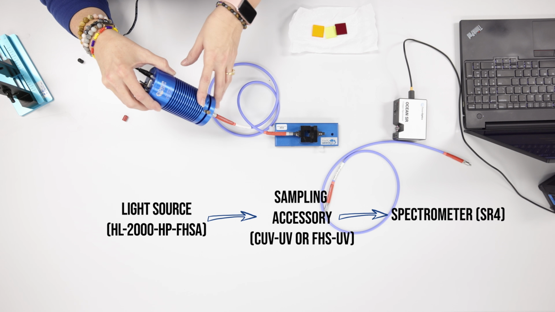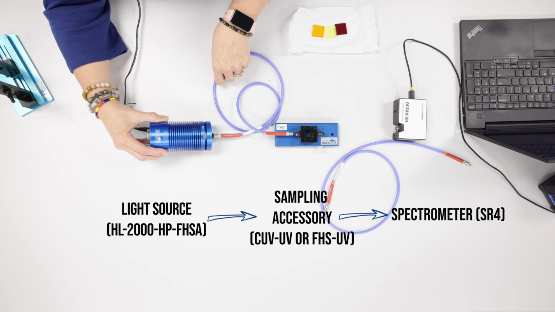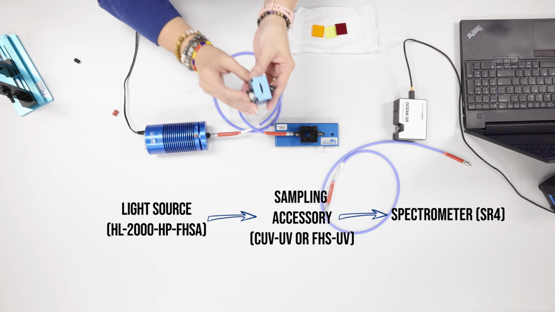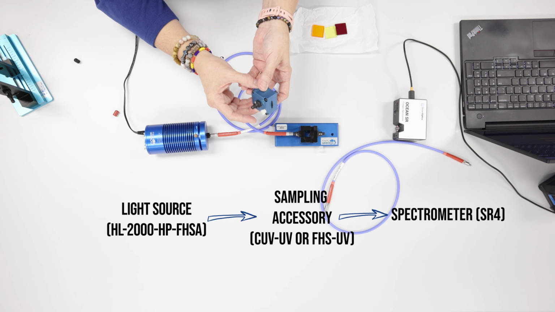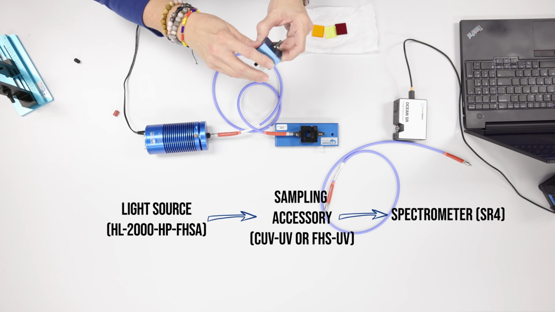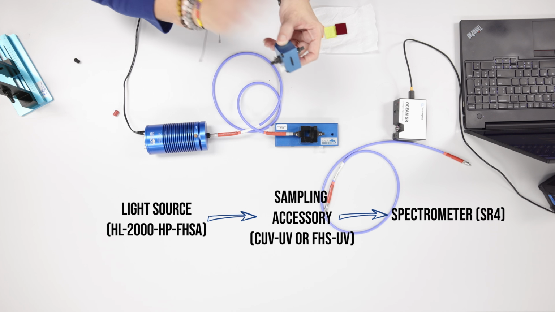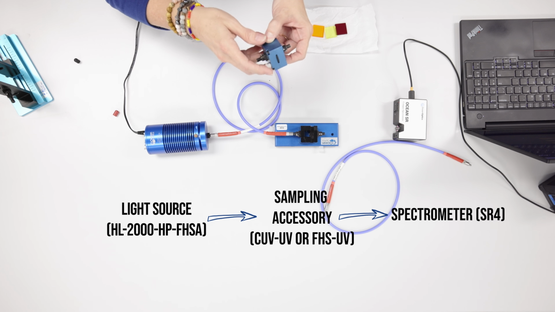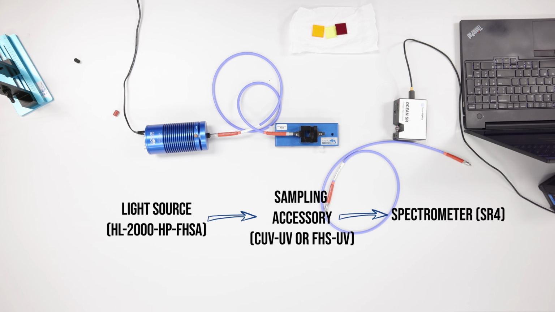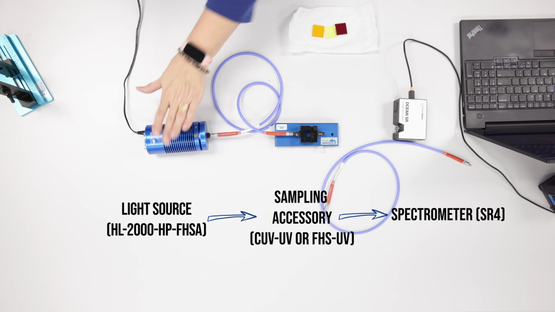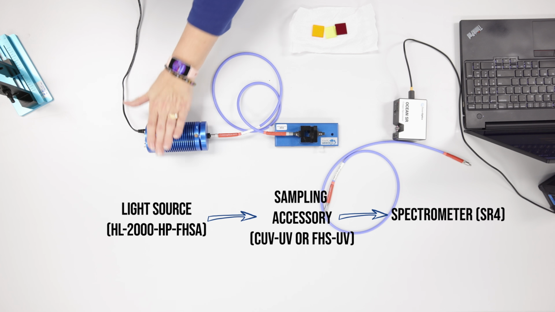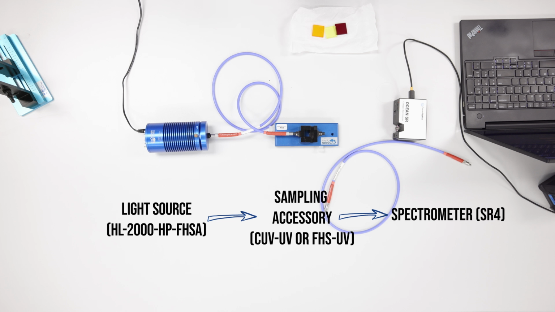So with the HL2000, it's built in, which is why I like it, or we have, as we were looking at earlier, the FVA UV, which also is very nice, but you need an extra fiber plus this part to put it in the system. But luckily for us, we have an HL2000 FHSA, so we'll be able to adjust that ourselves.